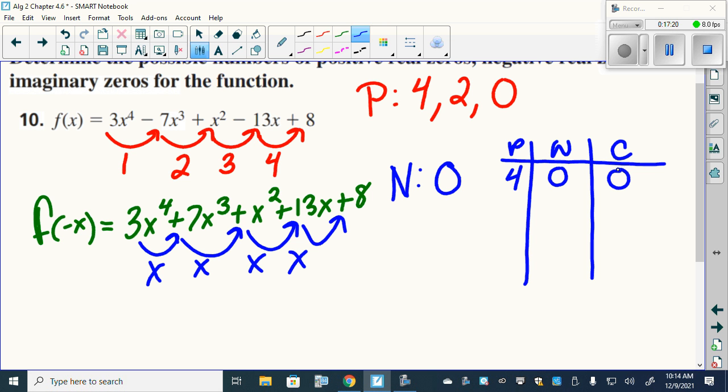Well, I can't decrease the negatives at all because it's already 0. But we can decrease the positives to 2, 0, and then we would have 2 complex because we need a total of 4. Can't decrease the negatives, so we can go 0, 0, and 4. So these are the 3 cases that we could have.